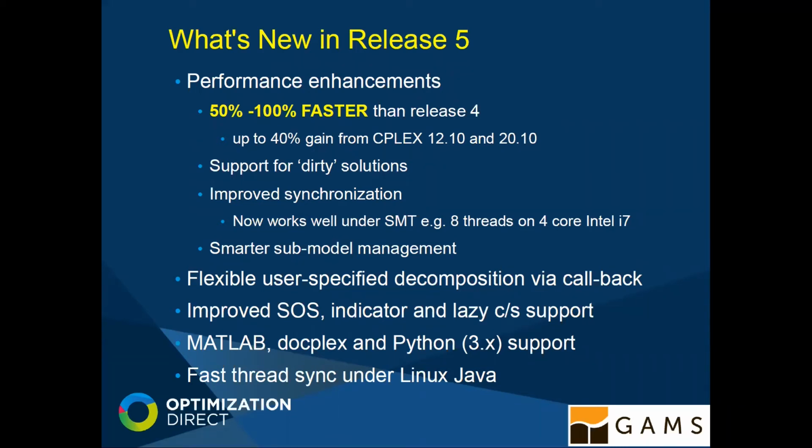Various changes made to release 5 are, for example, in supporting what I call dirty solutions. That is to say, solutions in which the integer variables take values that are within some tolerance of integers, but are not actually integer.